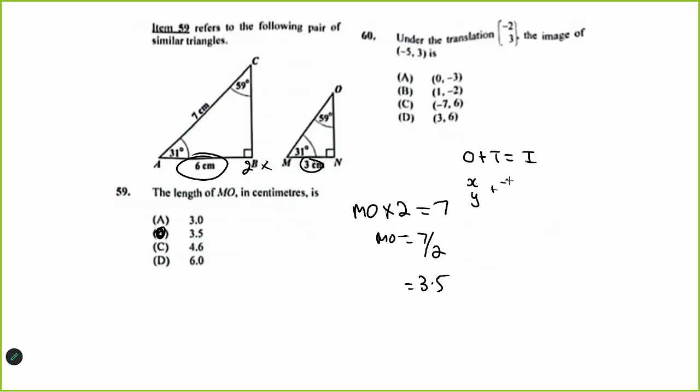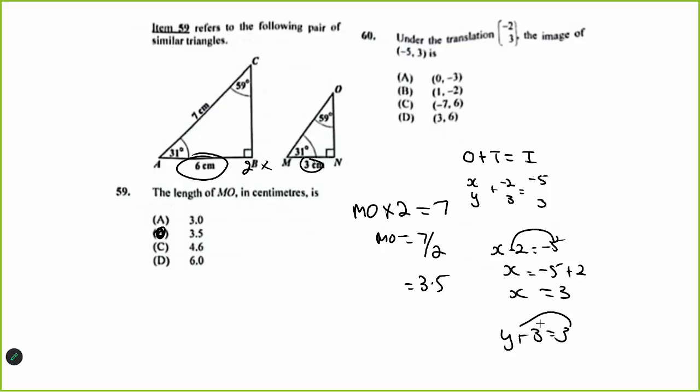Your translation is negative 2, 3 to give you negative 5, 3. So x minus 2 equals negative 5. Negative 5 plus 2. x equals 3. And then y plus 3 equals 3.